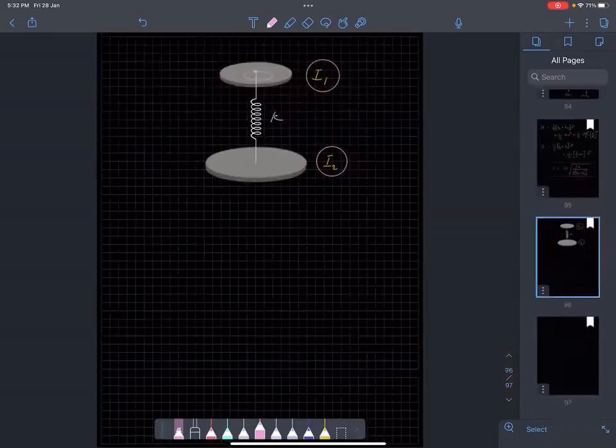Physics is that only. We'll do some problems, derive everything, understand everything.